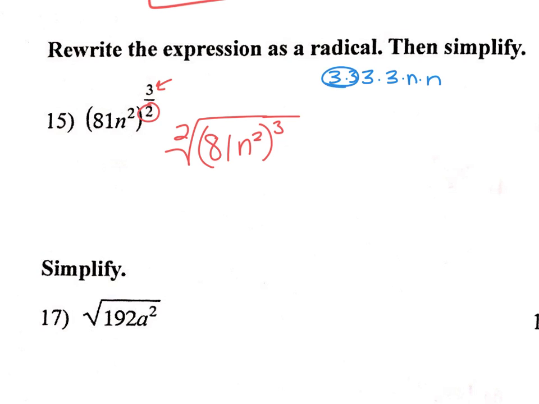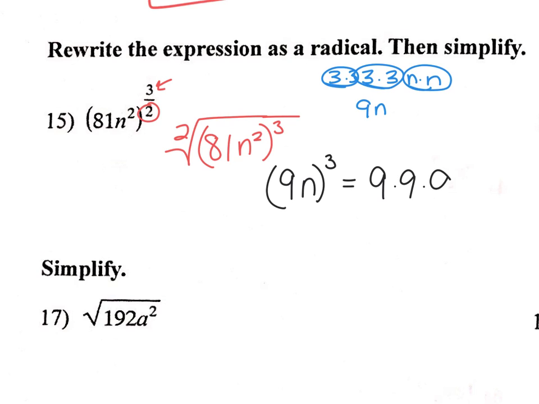And it's squared, so I'm making pairs, which means all of that is going to give me 9n. That's when I do the square root. So really this means I've got 9n to the third power, which means 9 times 9 times 9 times n to the third. And if you use a calculator, you should get, I think, 729 n to the third.